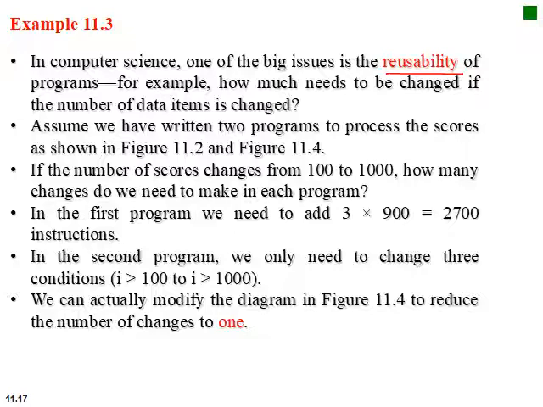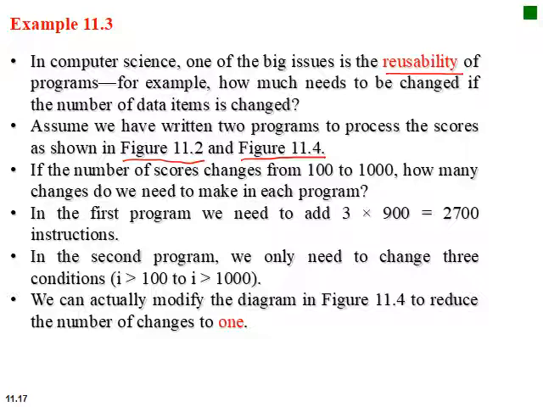So assume we have written 2 programs to process the scores, first based on figure 11.2, which would be those 50 million lines of code, and then later on we say writing 12 lines of code would be better for the programmer. So if the number of scores changes from 100 to 1,000 or even a million, how many changes do we need to make in each program?